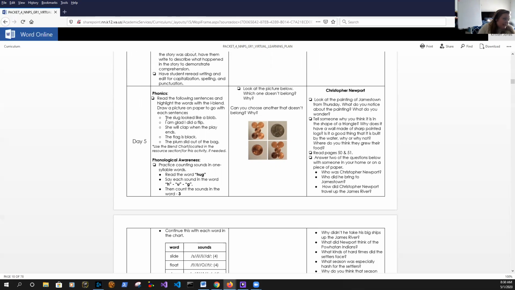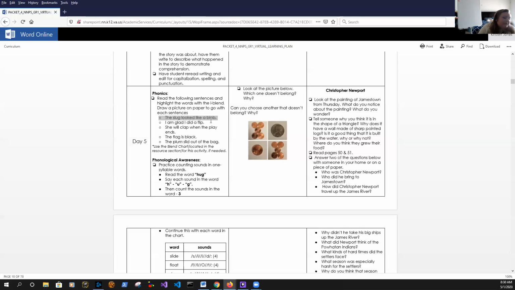So for the first sentence, it says, the slug looked like a blob. Which words do you think have L blends? Slug, we hear the S and the L. But there's another one.